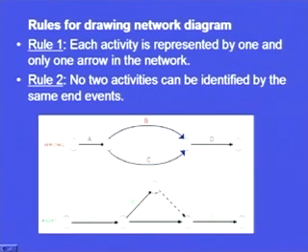When it starts from this point, it has nothing to do with activity C. It is only dependent on activity B, and not at all dependent on activity C. Now, D is dependent on B and C, and E is only dependent on activity B. So, this dummy activity has solved certain logical precedence problems which could have arisen if dummy activities had not been used in the construction of the network. So, rule 2 has now been followed in this particular network.